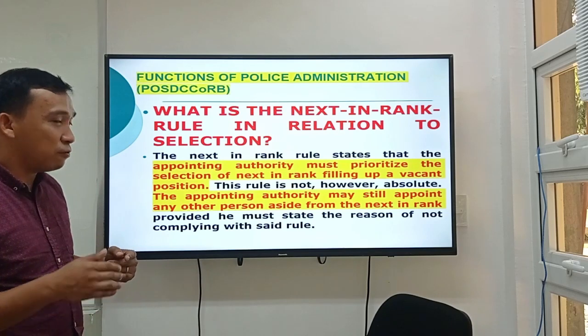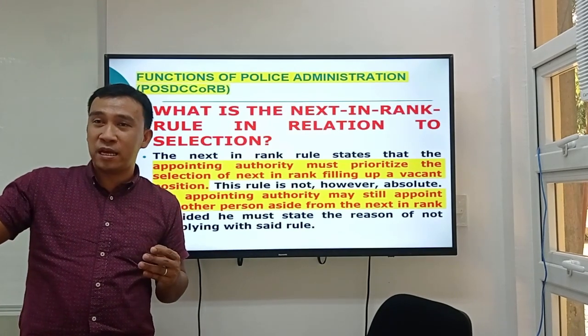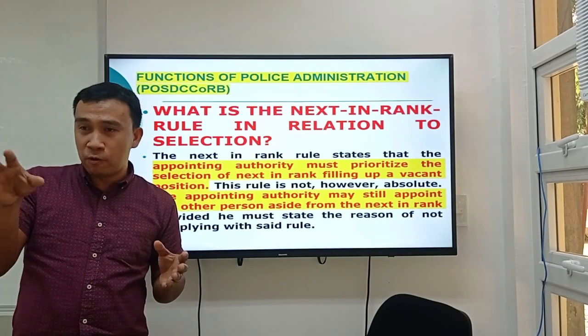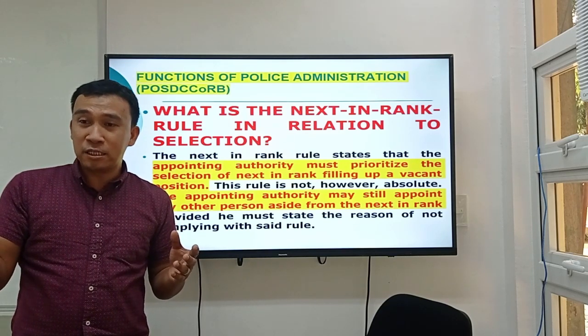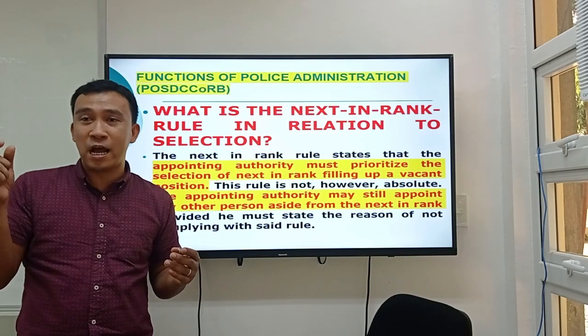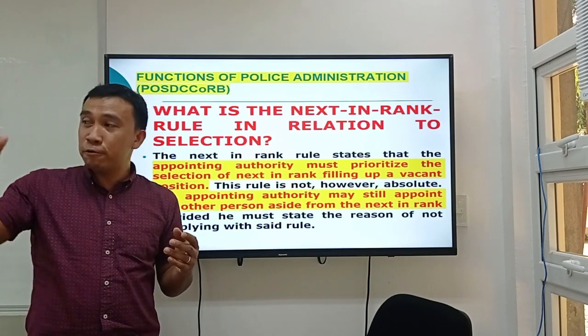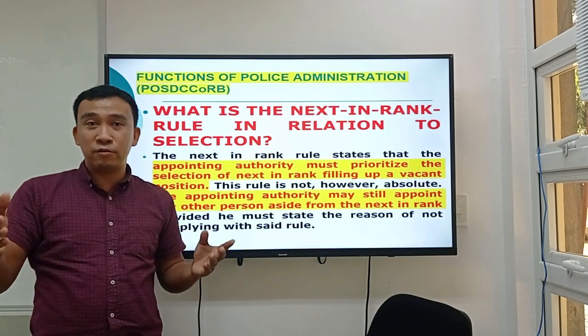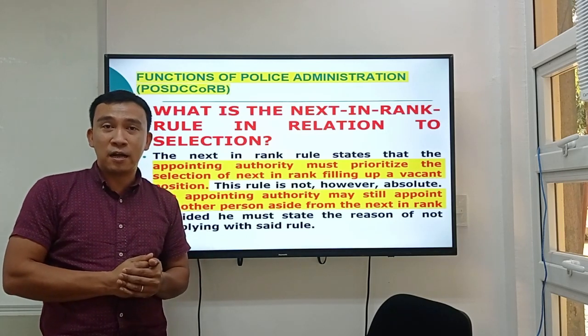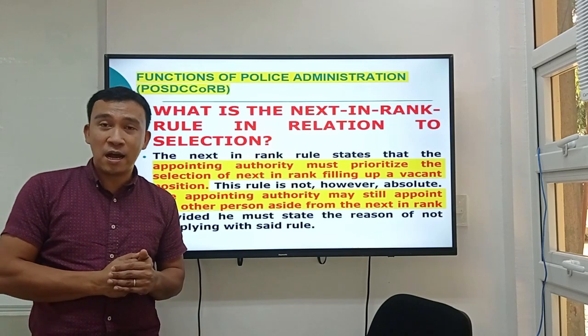Okay? Na kung sino yung mga nauna, supposed to be sa next na promotion or next na advancement of rank or position ay yung mga nauna, hindi yung mga nahuli, kundi yung mga nauna na qualified naman ay doon magbe-base ng selection ang higher authority.